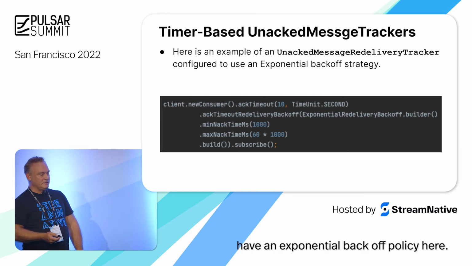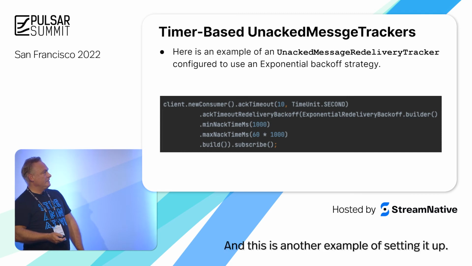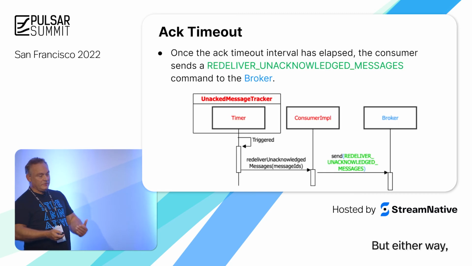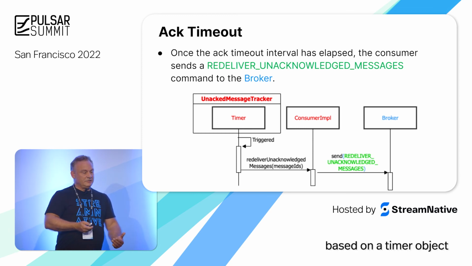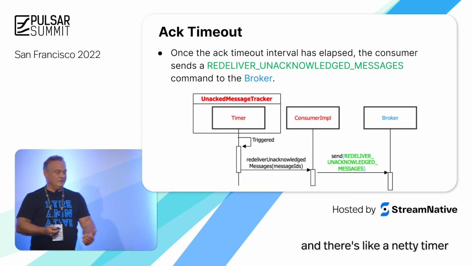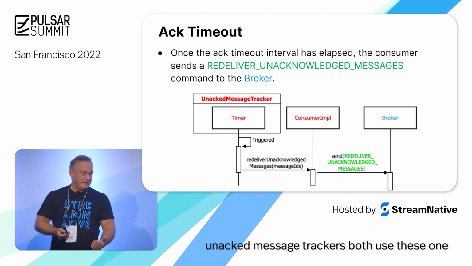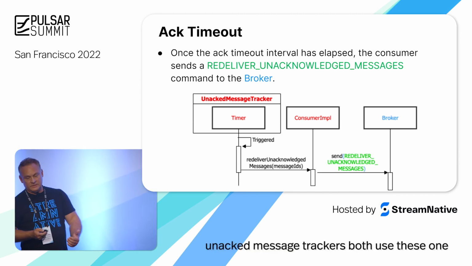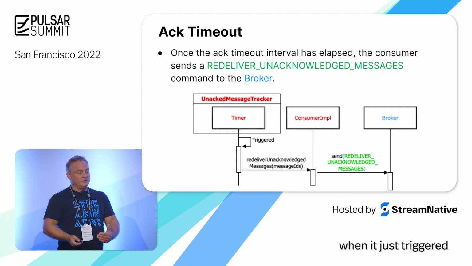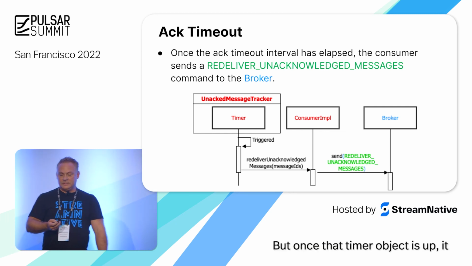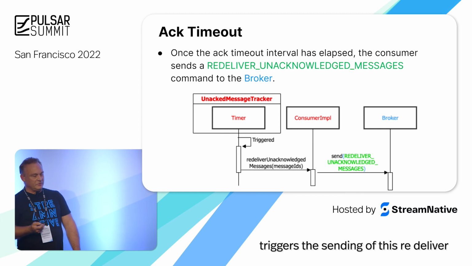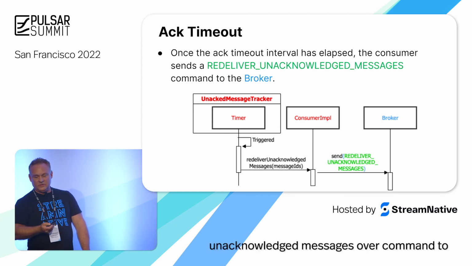So you can have an exponential back-off policy here, and this is another example of setting that up. But either way, they're both based on a timer object, and there's a Netty timer object internally, right? The UnackedMessageTrackers both use these, and just that variable when it is triggered is all that changes in those calculations.